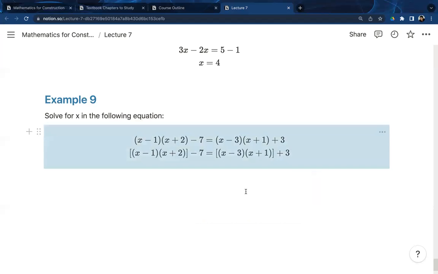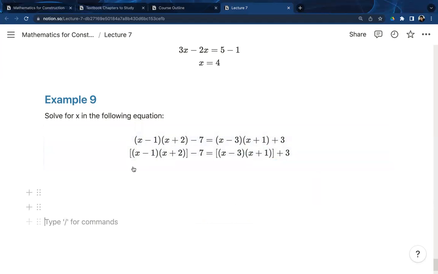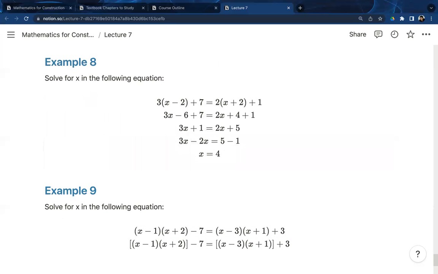Right, so you could put square brackets around it, so that after you expand this out, you would still have a different bracket to help you keep track of things, because you're going to have some negative signs here and you don't want to get confused, right? So try it like that and tell me what you get.